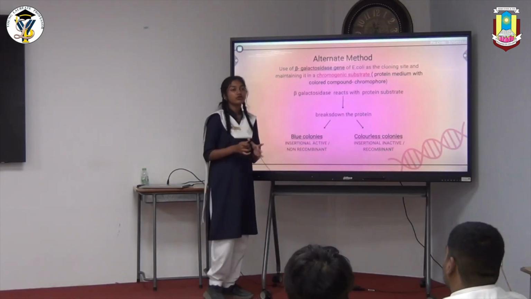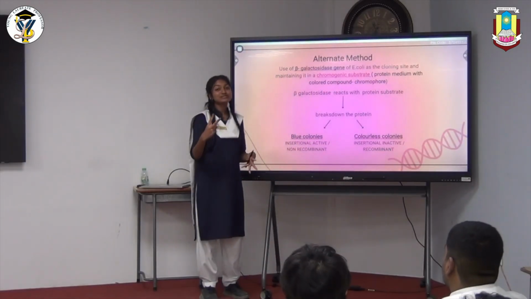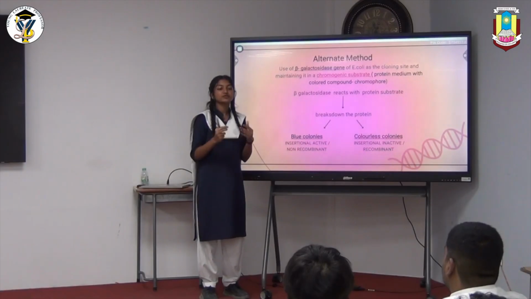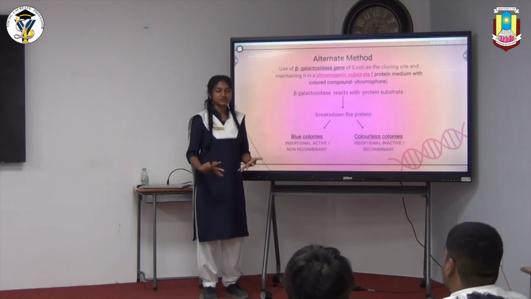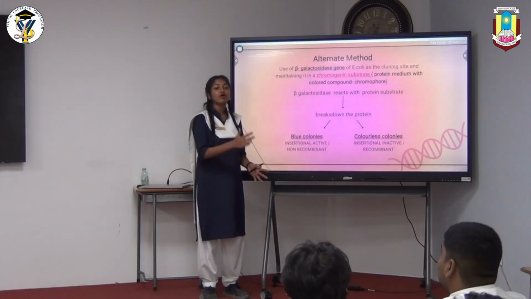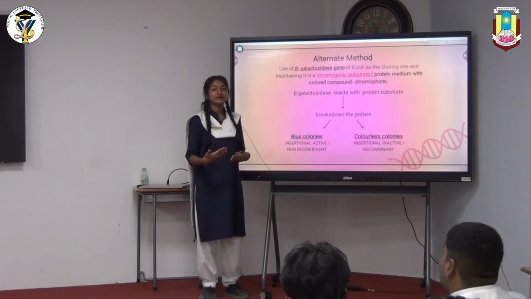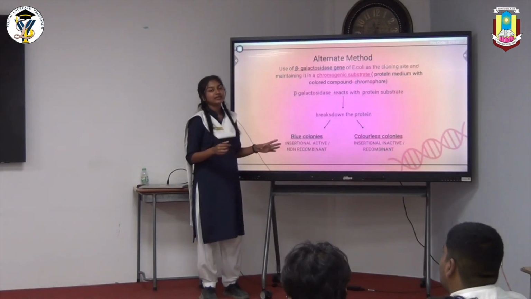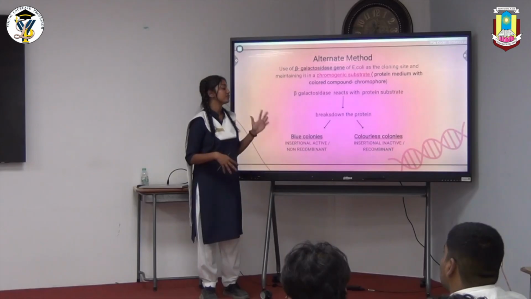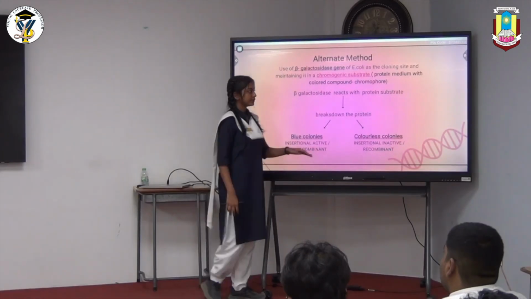Now, remember when I told you that there have to be two selectable markers present whenever we do the procedure, right? One selectable marker is used to identify between non-transformants and transformants, while the other selectable marker, experiencing this insertional inactivation, will help us to identify non-recombinant from recombinant.